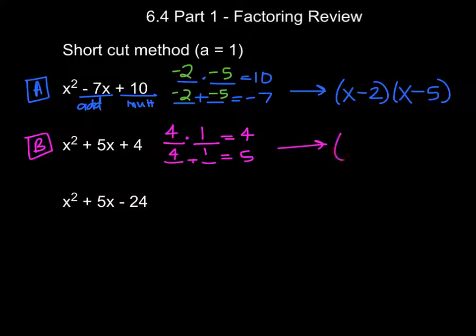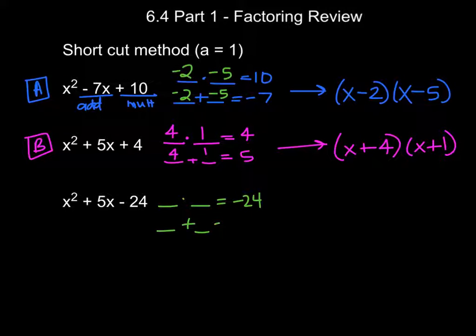So my answer then is going to be x plus 4, x plus 1. Last one. See if you can pause and think about the numbers yourself. I want 2 numbers that multiply to give me negative 24. They're going to add to give me 5. And check your signs if you have to, but my 2 numbers should be positive 8 and negative 3.